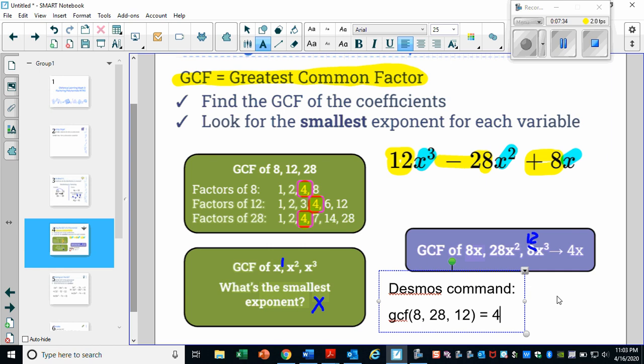So that might be a way to help you determine what your greatest common factor is.